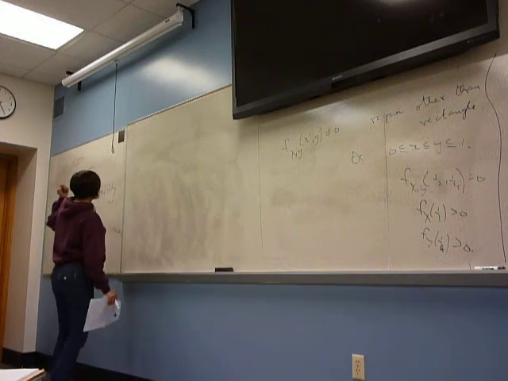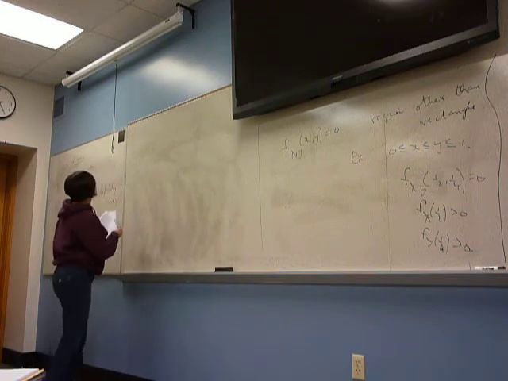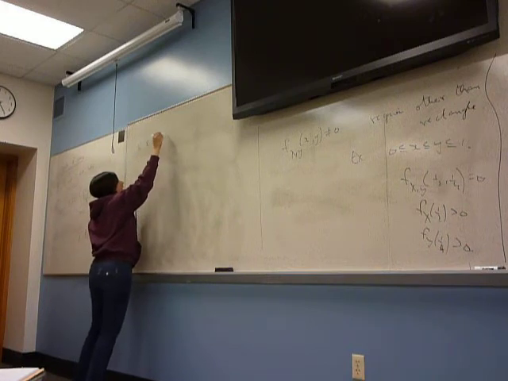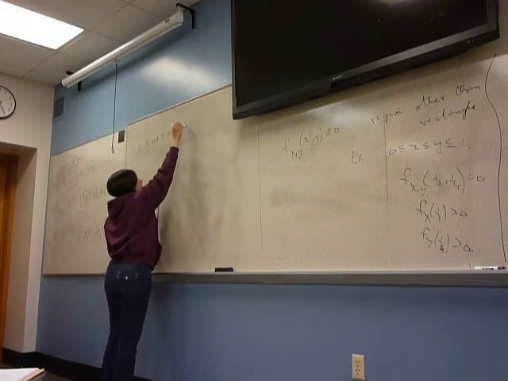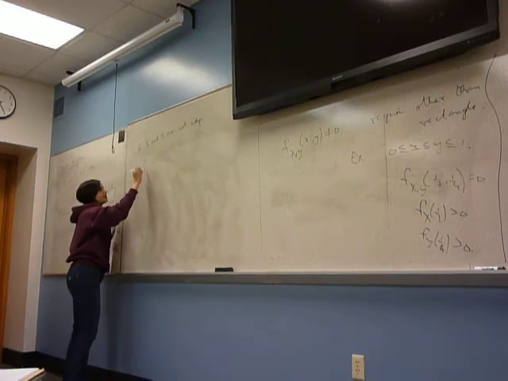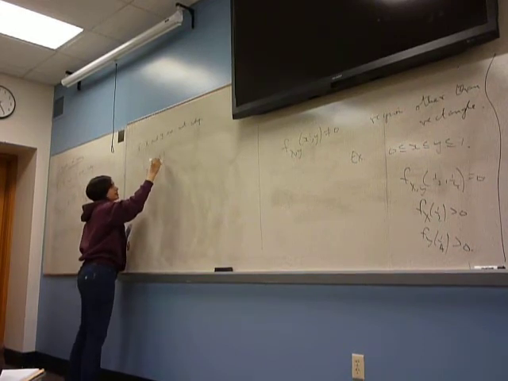Now, if X and Y were not independent, then you cannot use this formula. To find the density of X plus Y, what do you have to do?